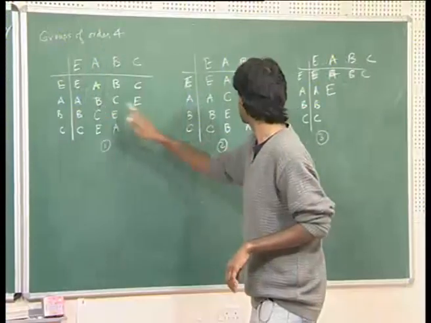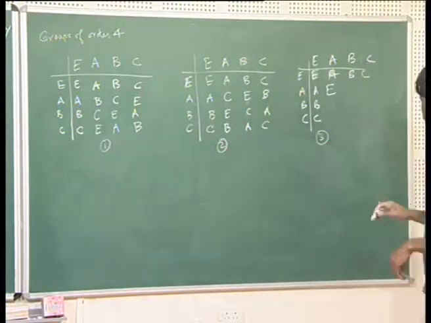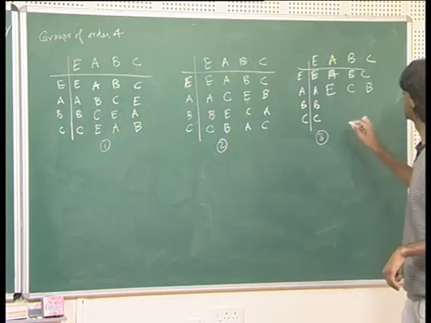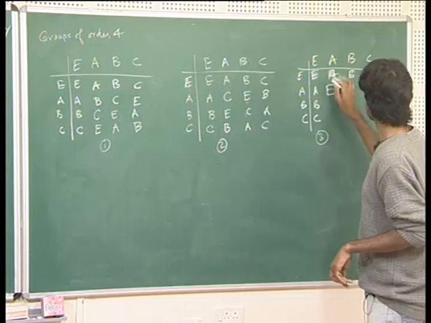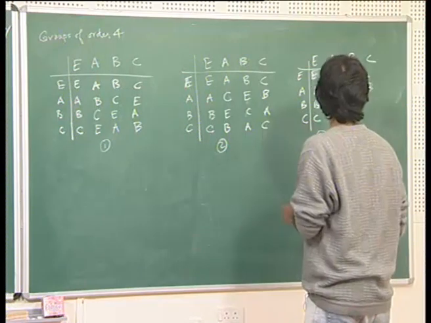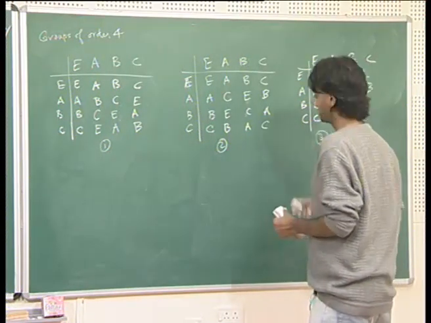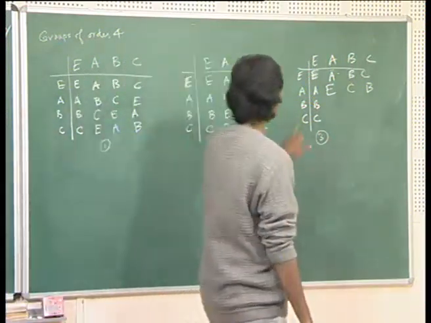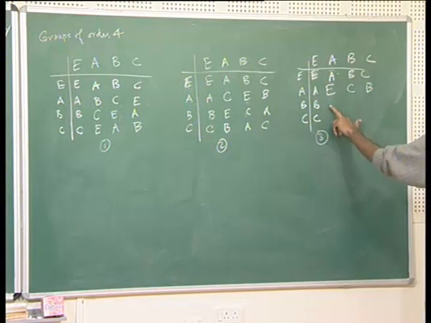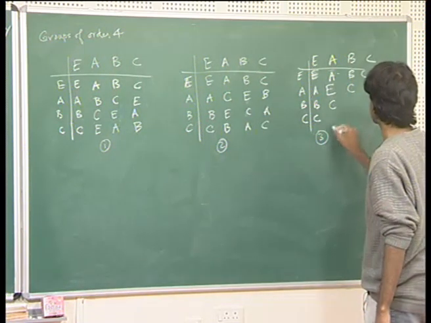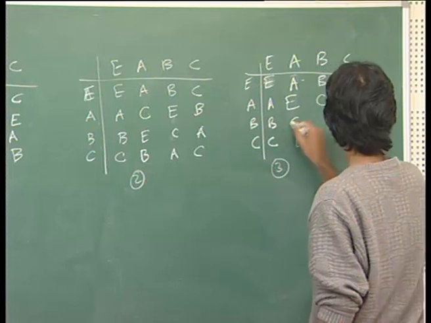So, A times A we said can be B, C, or it can be identity, A, E. Then A times B has to be C and this has to be B. B times A can be either A, B, A, C or E, but A and E are already there, so it has to be C. This has to be B, B, C.